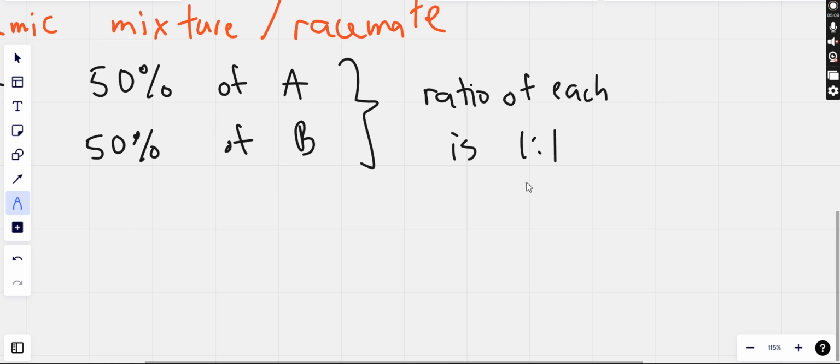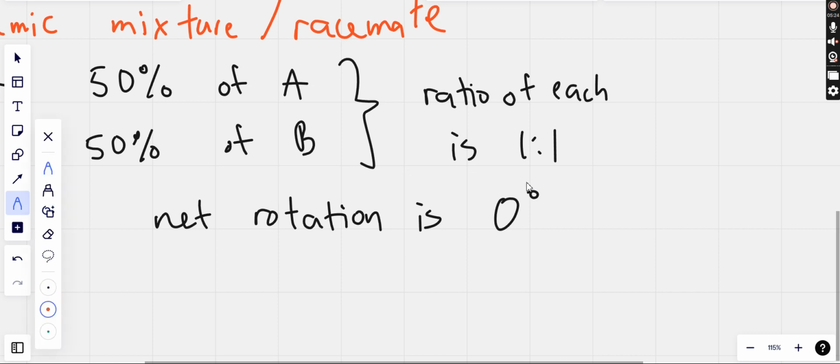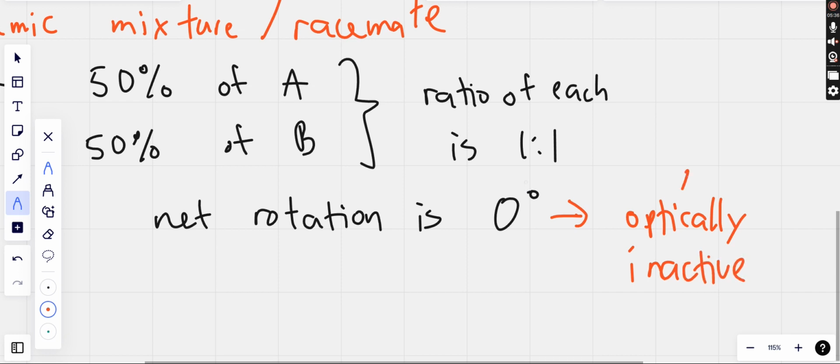When the ratio is 1:1, the net rotation is 0 degrees. So in this case, we conclude that the mixture is optically inactive, since there is no rotation.